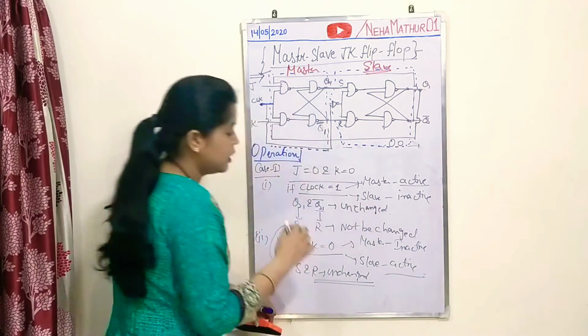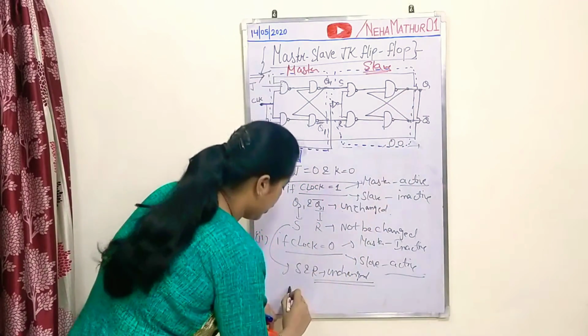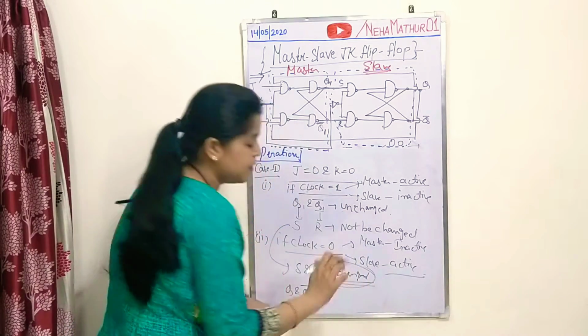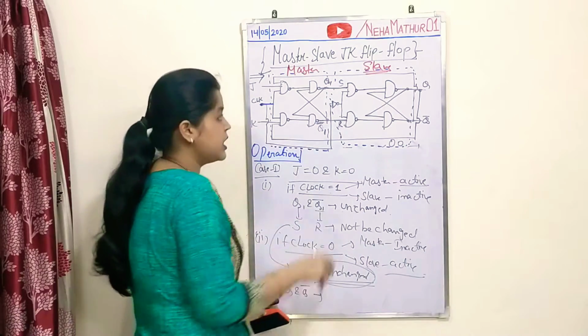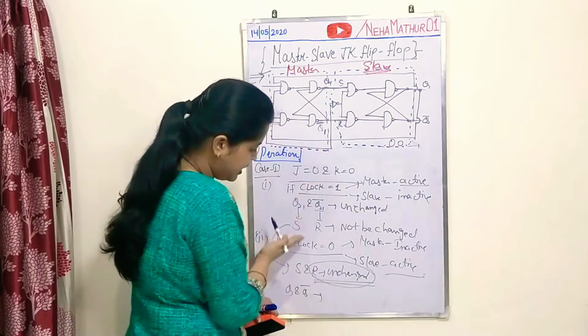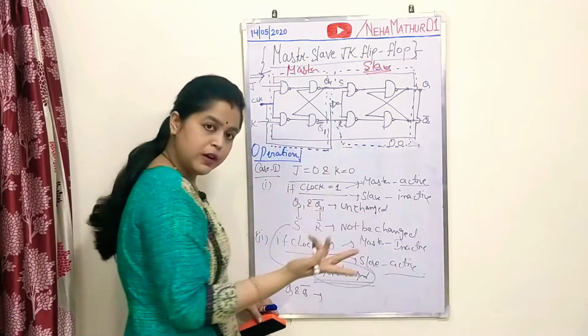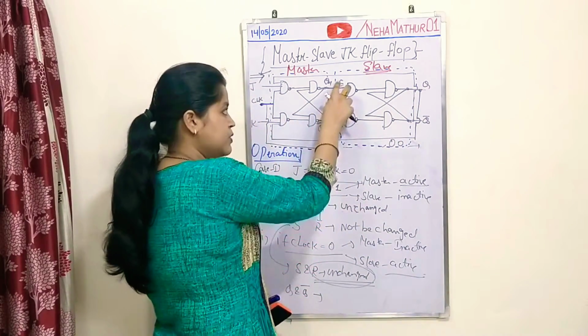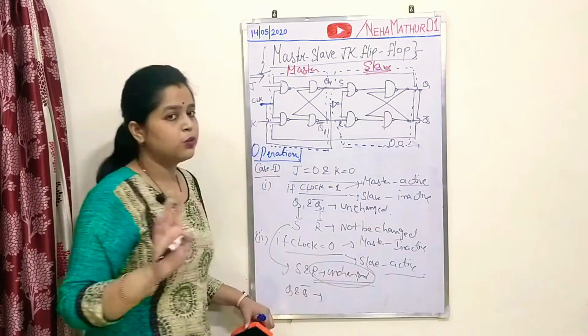So whatever the output will be, it will be as its previous values. If initially from these conditions you are getting S and R as 0 1, then the output will be 0 1. If it is 1 0, then your output will be 1 0.